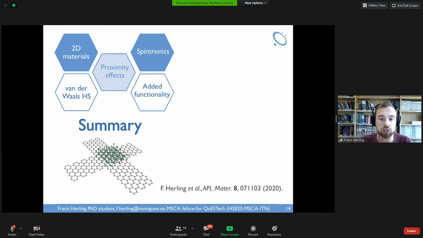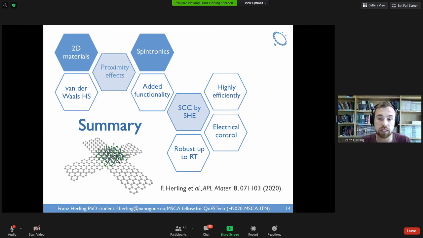One of the functionalities I showed has been the spin-to-charge conversion by spin-Hall effect directly in graphene, where I showed that this effect is highly efficient, and we can control it electrically via a backgate voltage, and we can tune this theta times lambda product, the spin-Hall angle times the spin diffusion length, that is responsible for large output signals in real-world devices, from 0 up to 40 nanometers. Also, this is robust up to room temperature, so it's possible to maybe one day build spintronic devices out of 2D materials. And these are the results that we published recently in APL Materials.